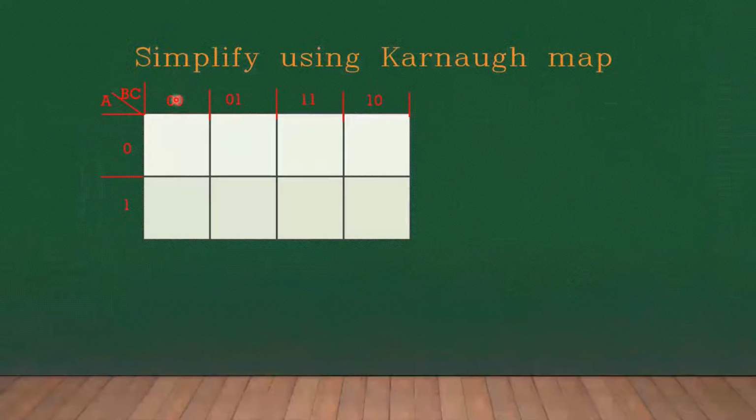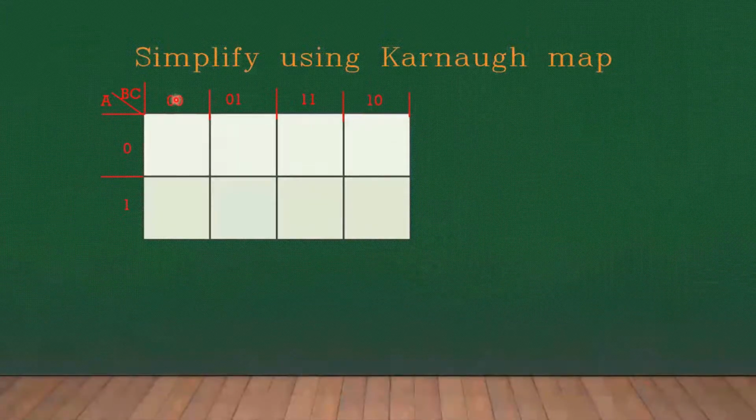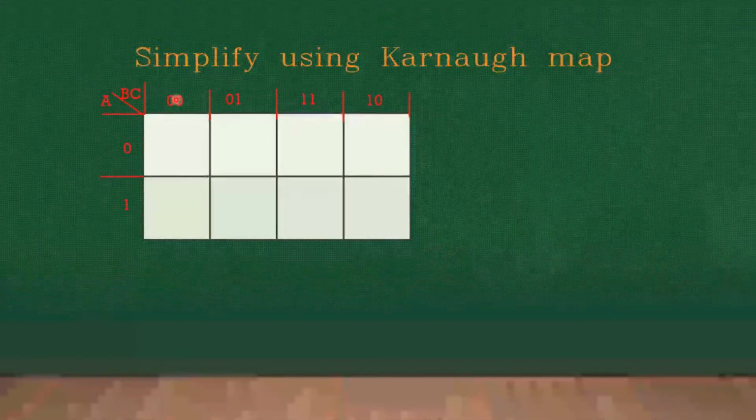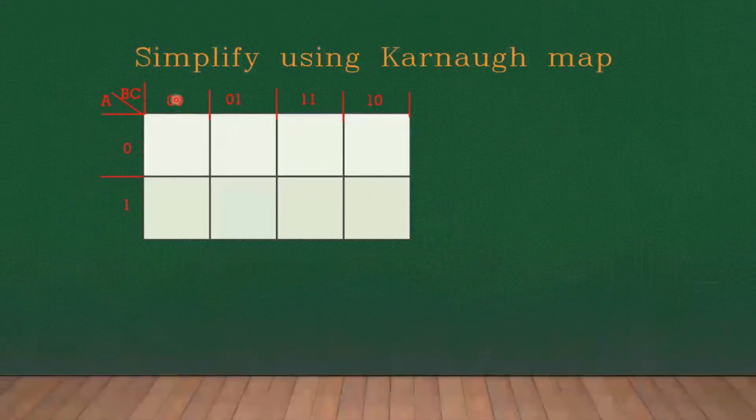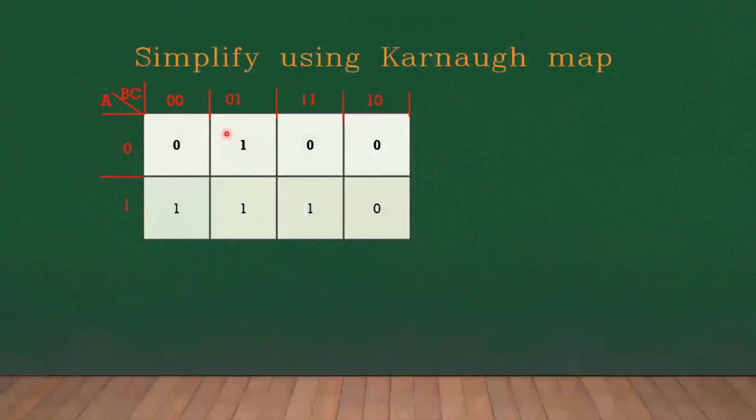Now let us fill the table with the truth table we took as an example before. We can bring all the possible inputs here, and their outputs we can get from the F column, the output column of the truth table we used before.